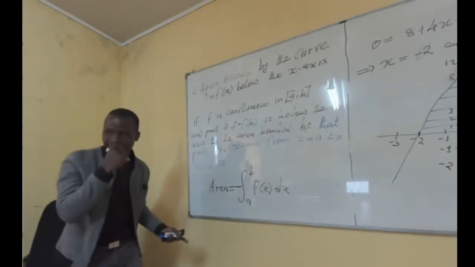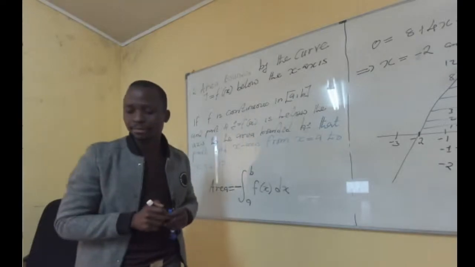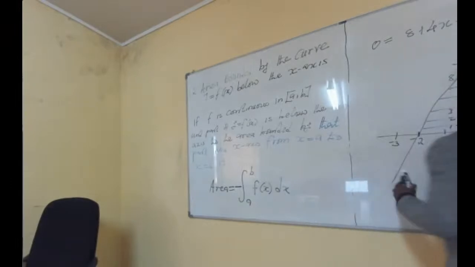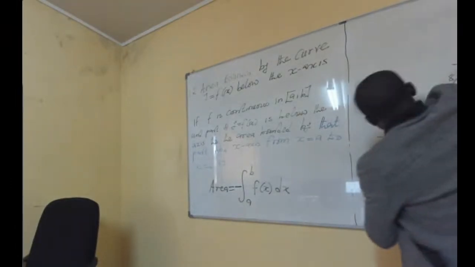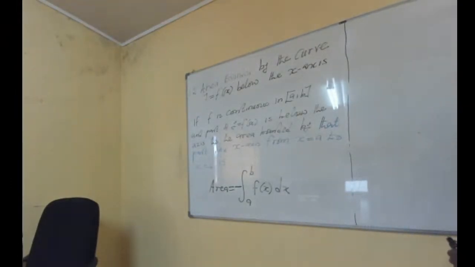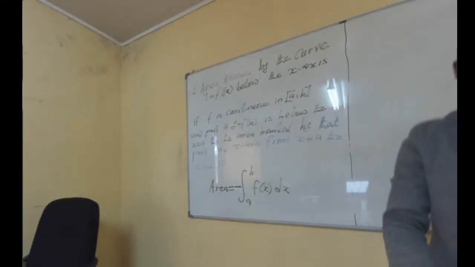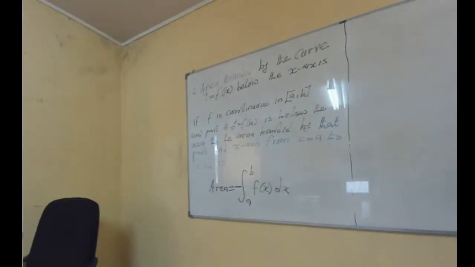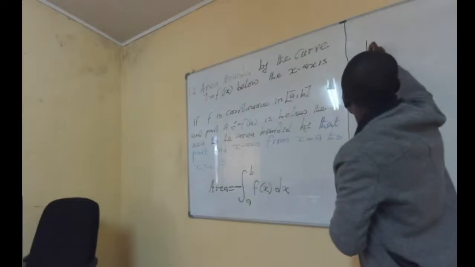So any region that lies above the curve, when you want to find its area, you take the negative of the integral.